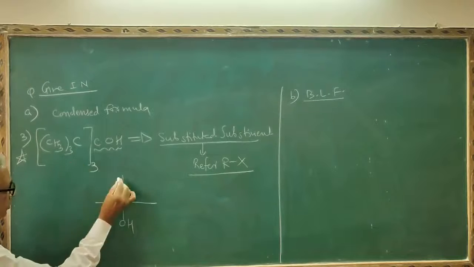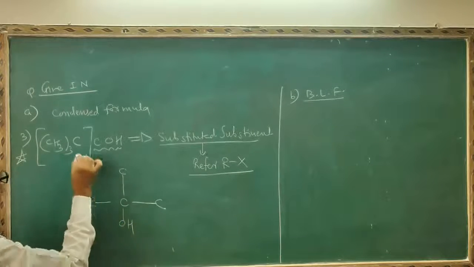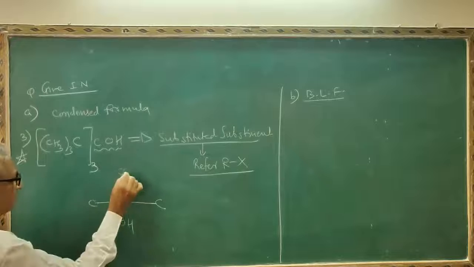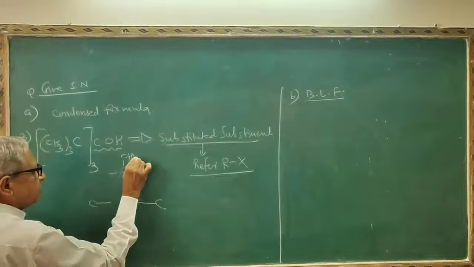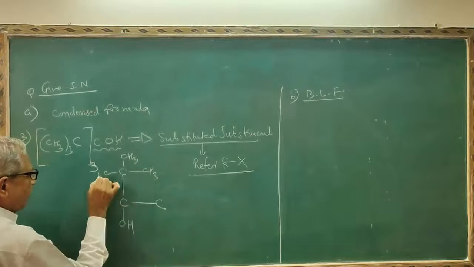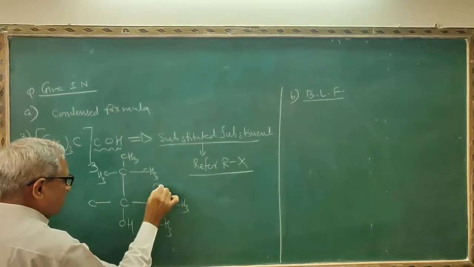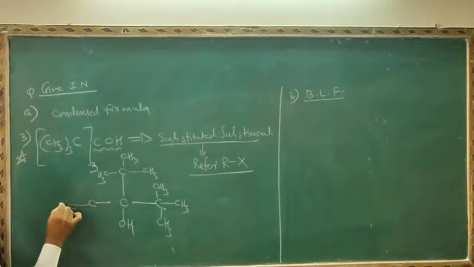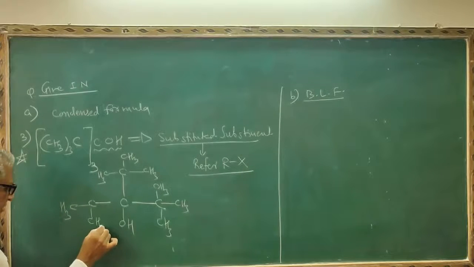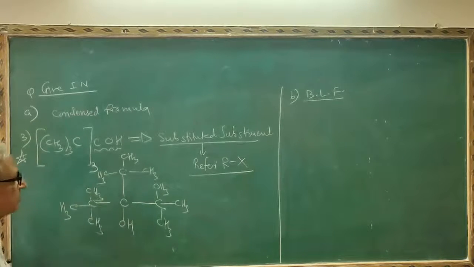Again here it is attached to 3 carbon atoms. Again here each carbon atom is attached to 3 methyl groups. I can write here 3 methyl groups: CH3, CH3, CH3, CH3, CH3, CH3.